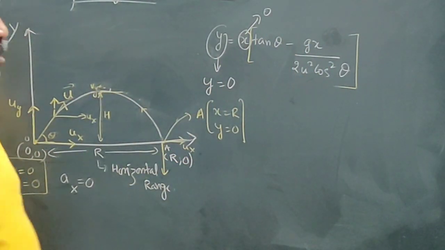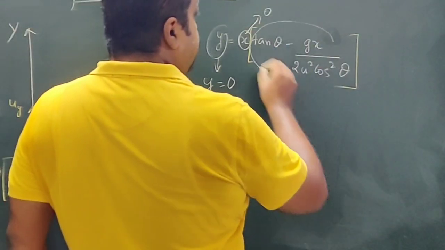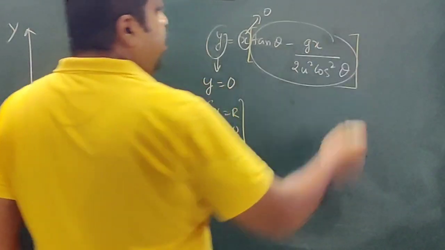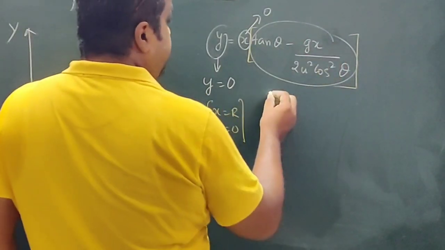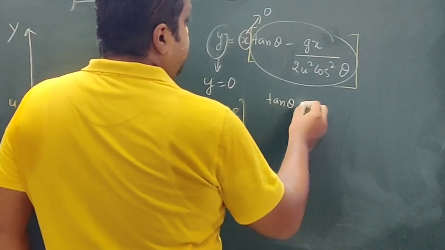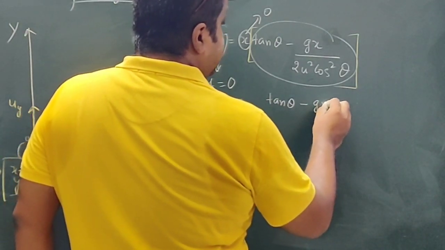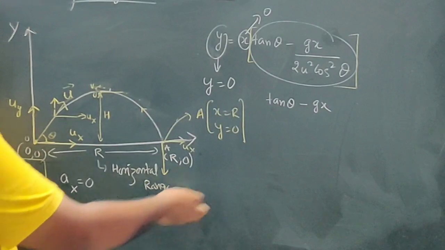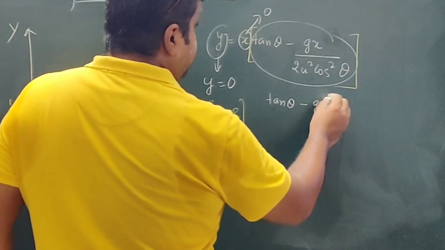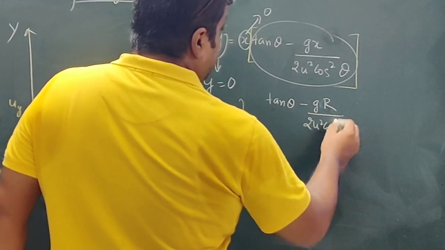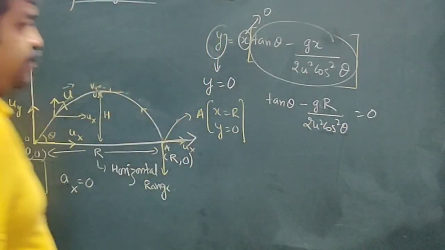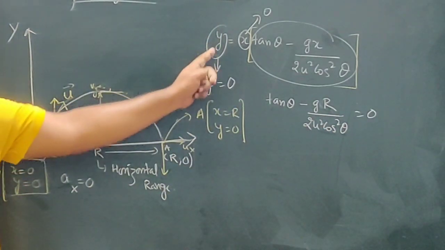What is r? r is the horizontal range. So let us make this quantity 0. So tan theta minus gx, now x is equal to r, so I am replacing x with r, gr divided by 2u square cos square theta is equal to 0. This is for the condition y equal to 0.